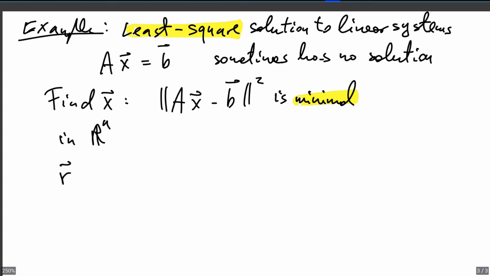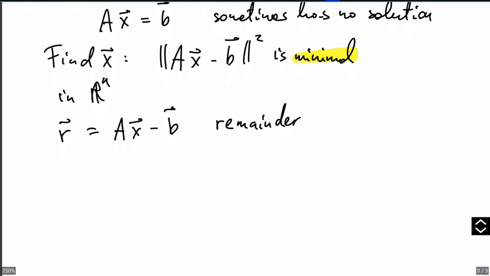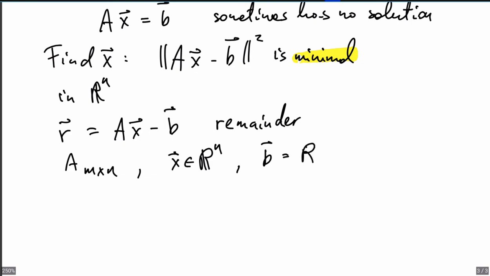This AX minus B is usually denoted by R, that stands for the remainder. And in fact, A doesn't have to be even square. So if A is m by n, then X vector is from Rn, and then the result B will be in Rm.